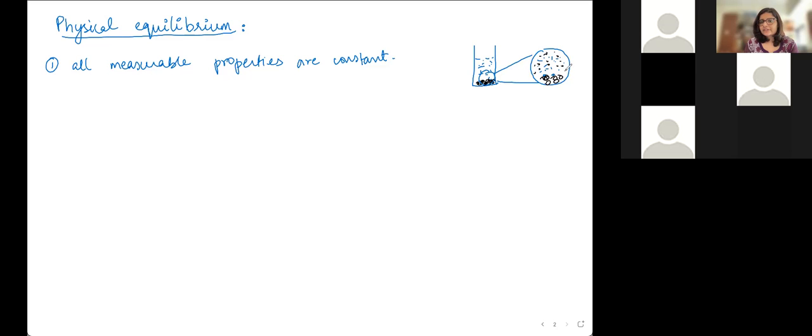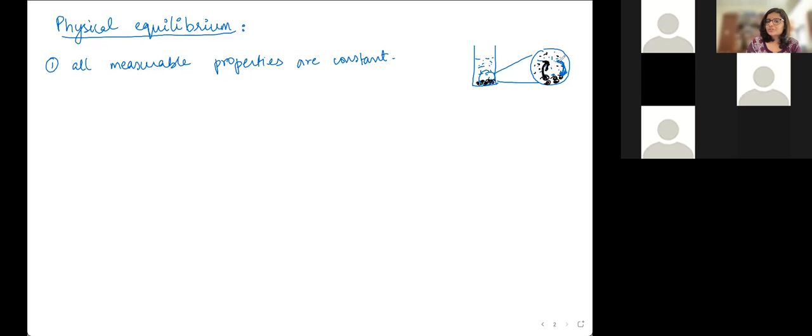Even though it is saturated and this is extra sugar, even though it looks like nothing is happening to the naked eye, at the molecular level this sugar is still dissolving. But because it has reached the saturated point, there is no more space between the water molecules for more sugar to occupy. So if one particle of sugar goes into the solution, it is going to push an already dissolved particle of sugar to crystallize out.